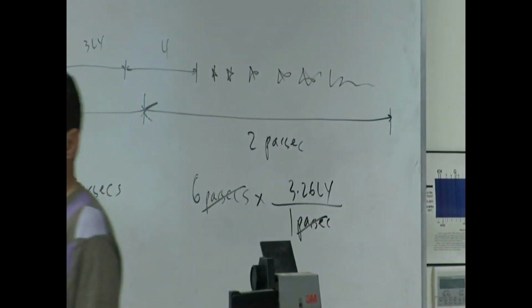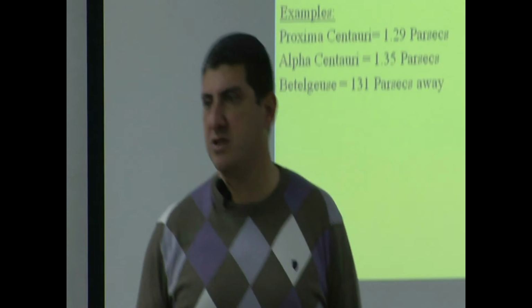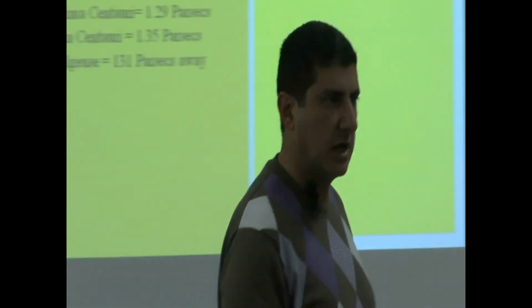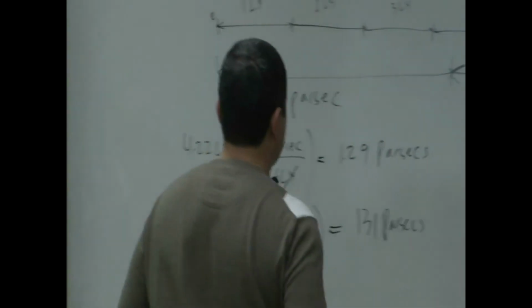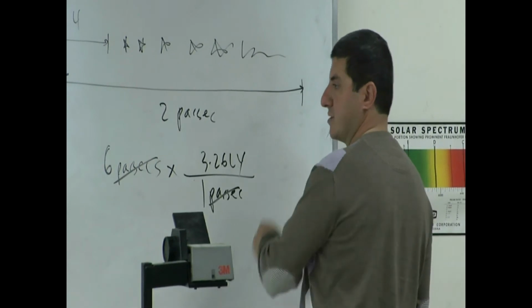Now I got to multiply, right? So if a star is 6 parsecs away, 6 times 3, roughly 18. So it's going to be something like 20 or so. I'm now going to multiply, right? So if you know the distance in parsecs, you multiply, and then you get the light years.